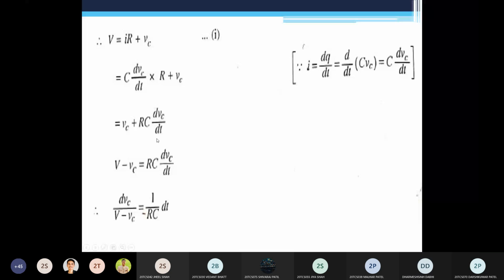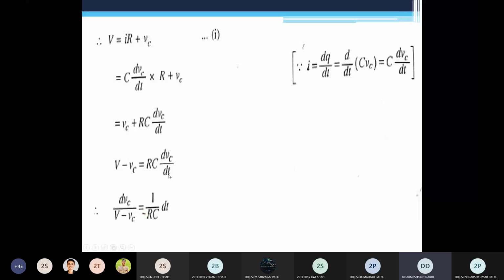So now in this equation, take this vc from the right-hand side to the left-hand side. So it becomes V minus vc is equal to RC into dvc by dt. Here this vc comes to this side. So V minus vc is equal to RC into dv subscript c by dt.